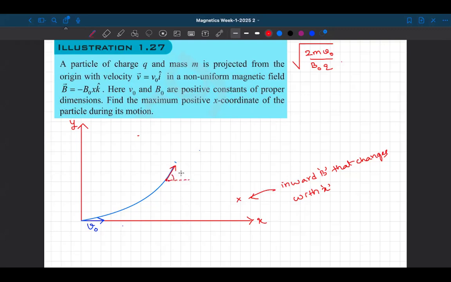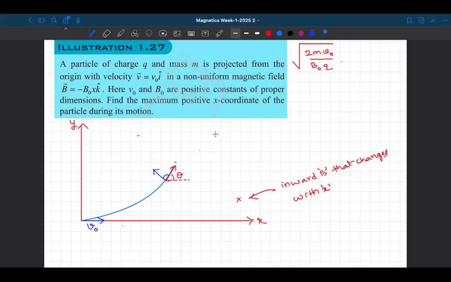The particle's velocity makes some angle theta, for example. And by the way, the magnetic force is exactly at right angles to this.